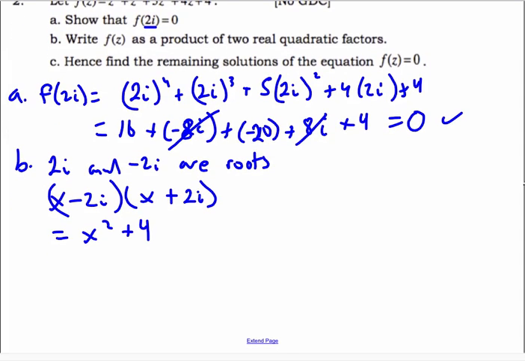Okay, so to get the other one, we can use long division. So we'll have, actually, I shouldn't be using x there, I should be using z as they say in the question.